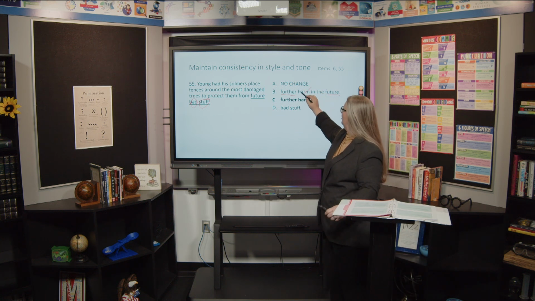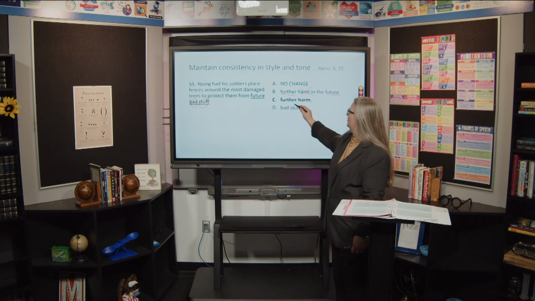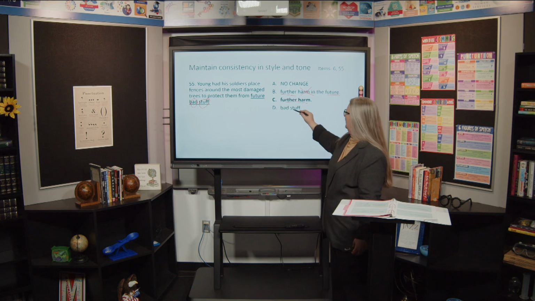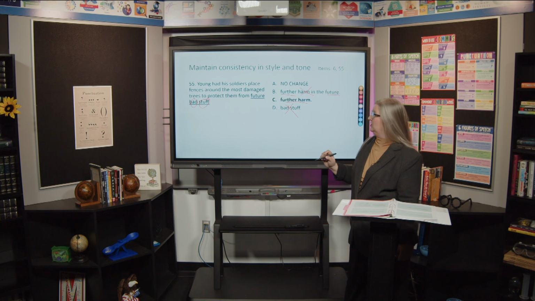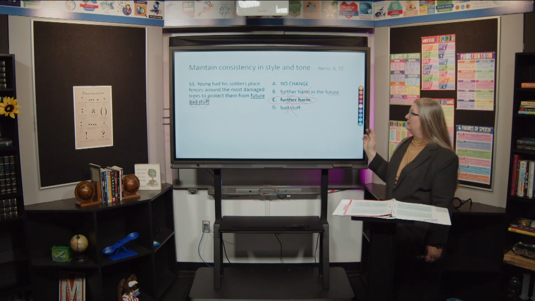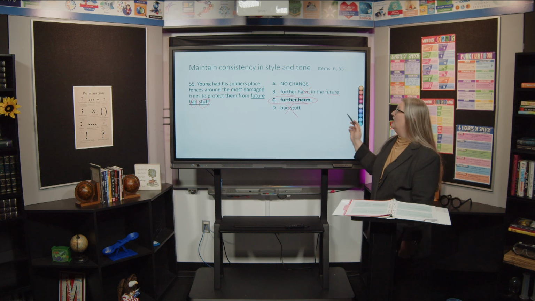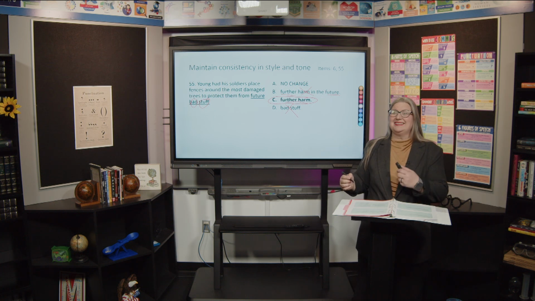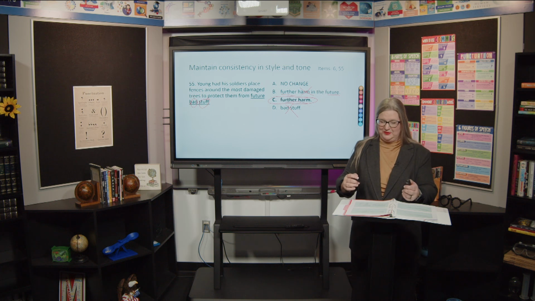So that's going to be too redundant. So you look at further harm. That could be good. Well, we already know bad stuff isn't going to be your best answer. So C. The most damaged trees to protect them from further harm. Okay? We got that one? I think you guys can do that style and tone one pretty well.